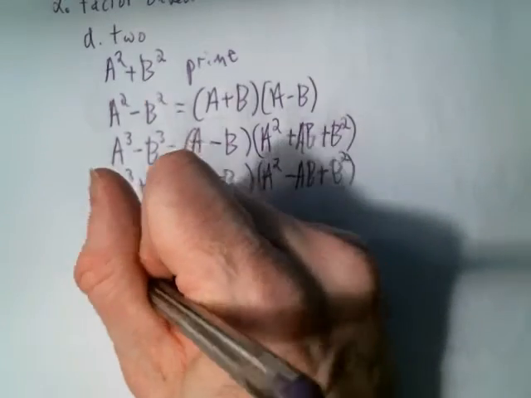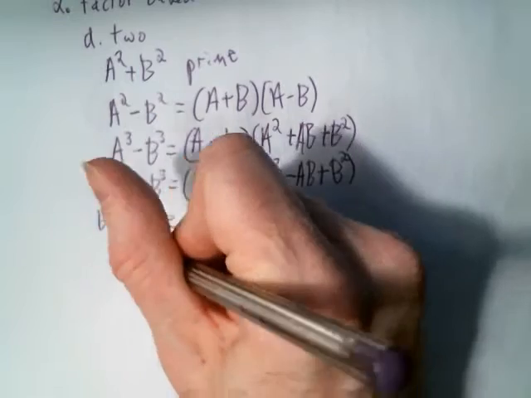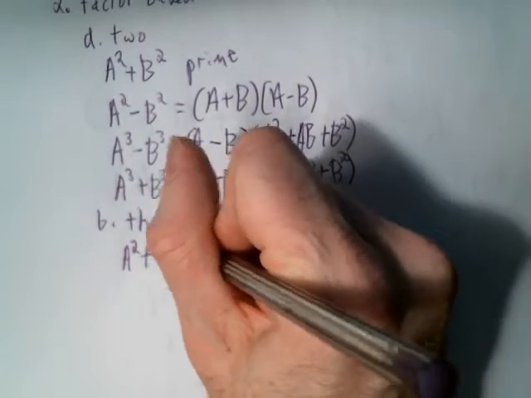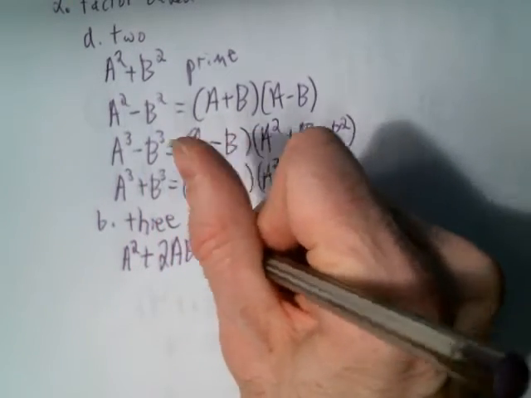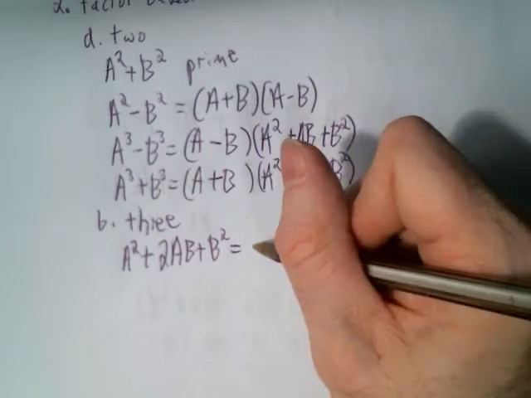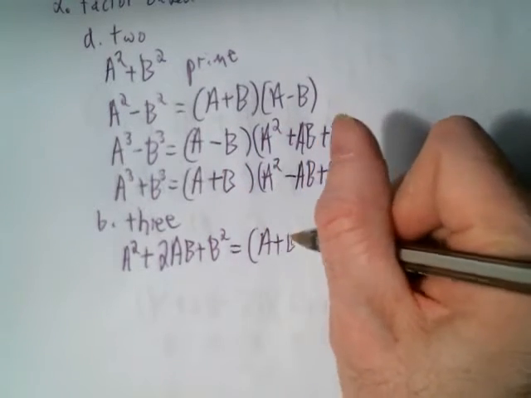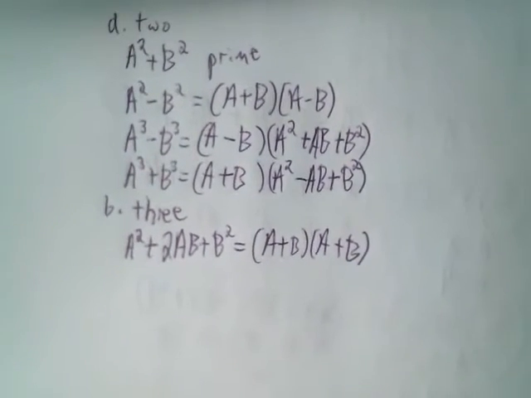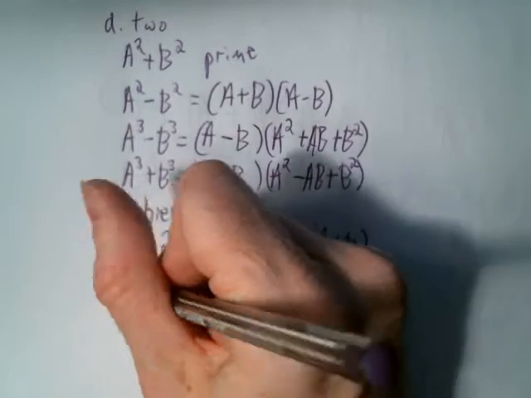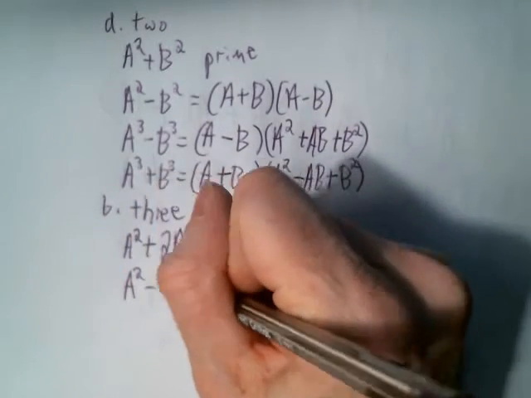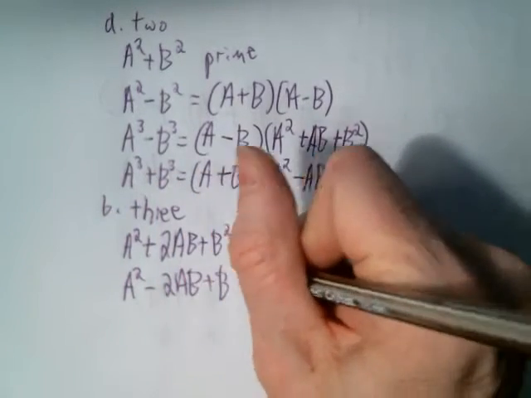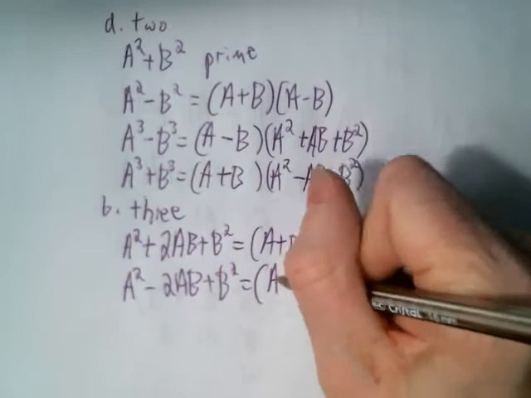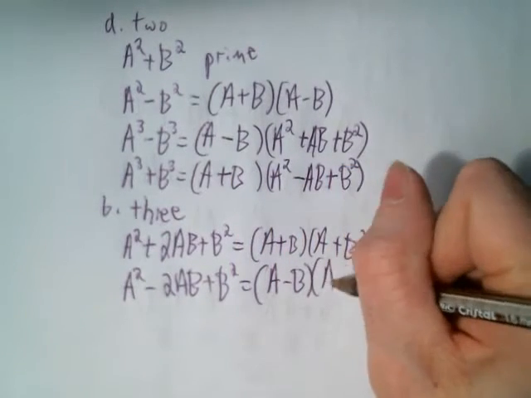And so they would look like this, a squared plus 2ab plus b squared, and then you would have a plus b times a plus b. Okay, and then the other kind, a squared minus 2ab plus b squared, those would result in a minus b times a minus b.